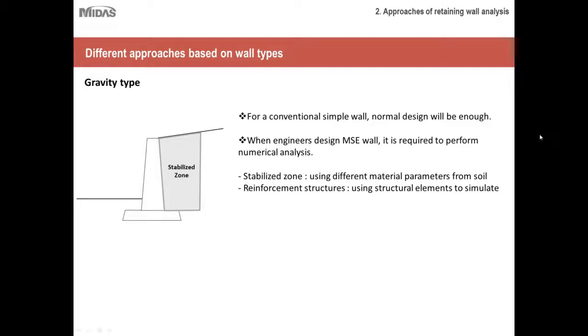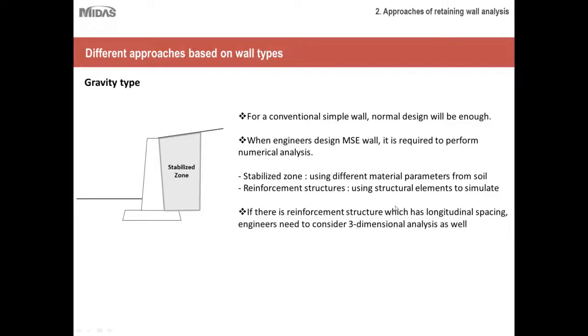So just briefly going over what I just said, for the stabilized zone use appropriate material parameters which are different from the soil strata, and for reinforced structures, that is the retention system like tiebacks, anchors or soil nails, use proper structural elements to simulate it.